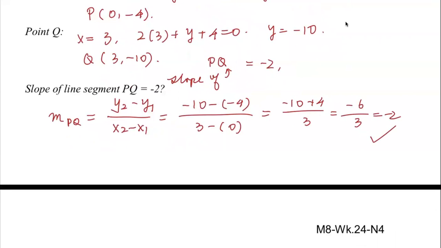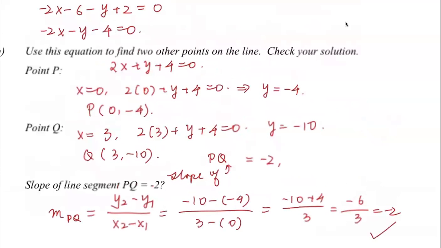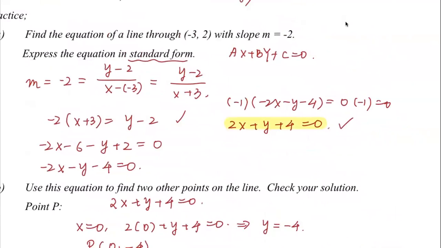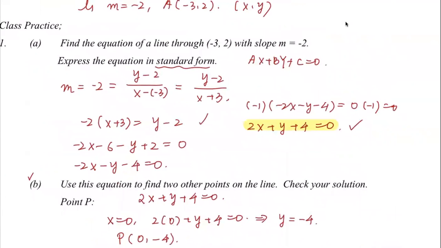This means the calculation that we did is correct, which means this expression is the one that we were looking for. So the straight line that passes through minus 3, 2 with a slope m equal to minus 2, this geometric shape, can be algebraically expressed by this expression.